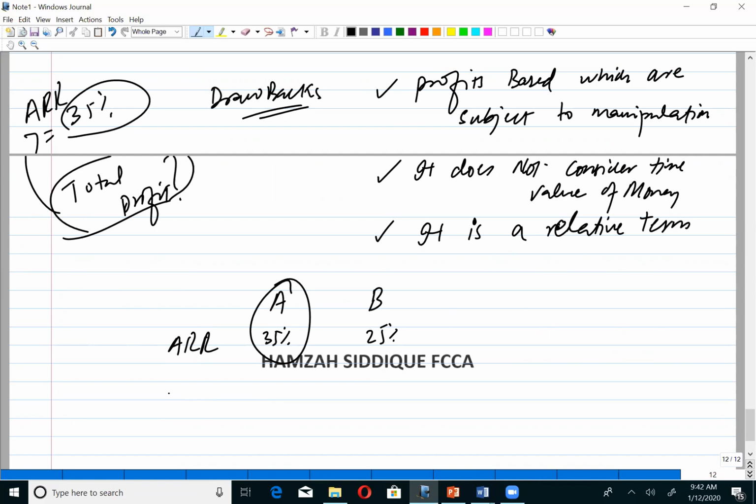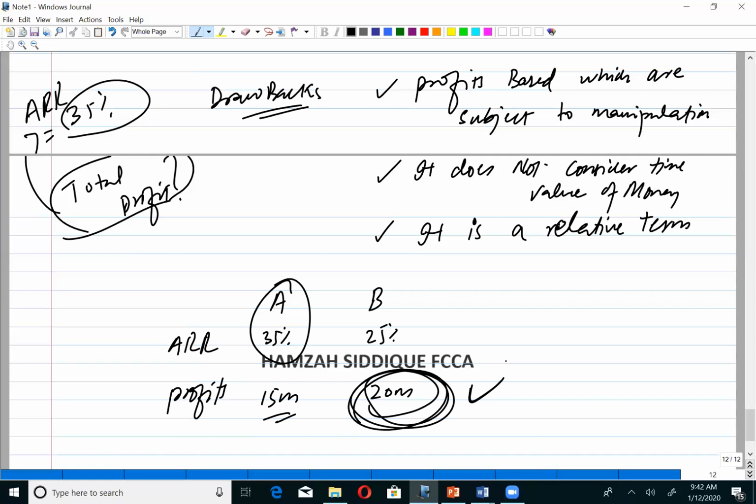But, students, for example, the profits are like that: 20 million and 15 million. In absolute terms, this amount is more. But in relative, percentage terms, it is less. If we focus only on the percentage, we will say we should accept it.